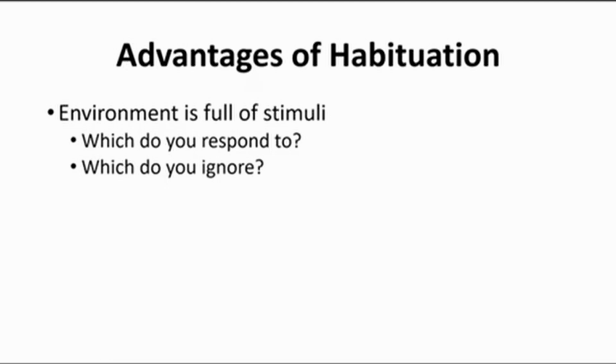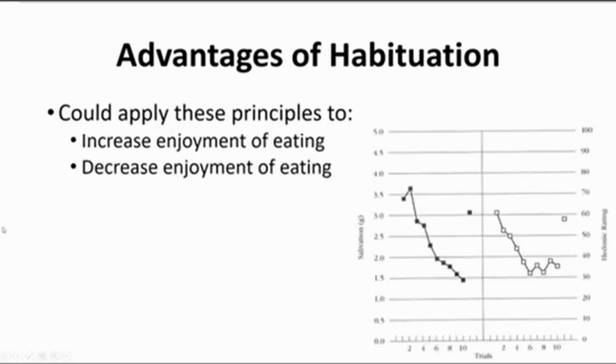So in that case, it is adaptively useful to sensitize to new sounds, to intense sounds, or to things that have some kind of biological relevance to you. So that's kind of why we think that both habituation and sensitization could have evolved. It's that adaptive significance. Now, we can make use of some of these principles. We can sort of, I guess, co-opt the existence of habituation and sensitization to our own advantage.